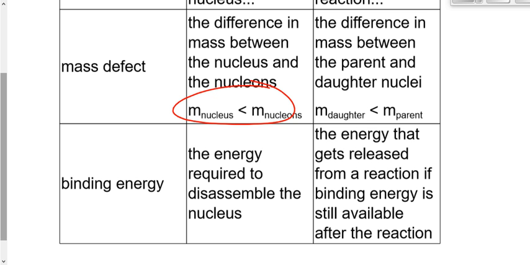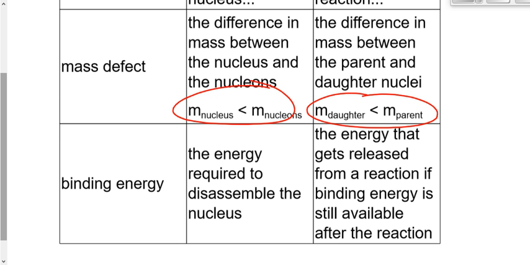Add up the mass of all the protons and neutrons, and then subtract from that the mass of the nucleus, and multiply it by c squared. How do you get it for a reaction? Get the total mass of all the products and the total mass of all the reactants, subtract them, and then multiply by c squared. We did a couple of those questions yesterday as examples.